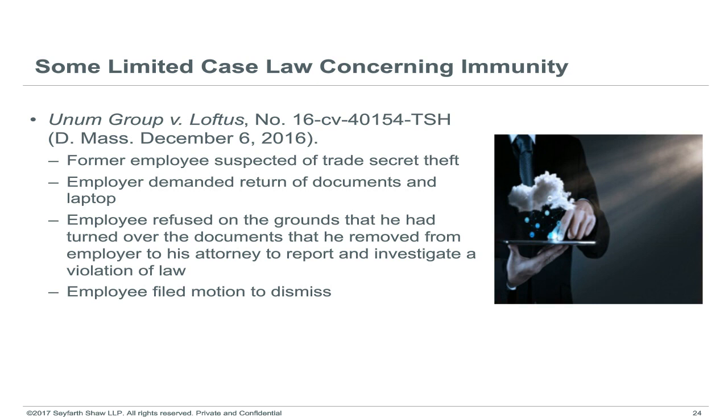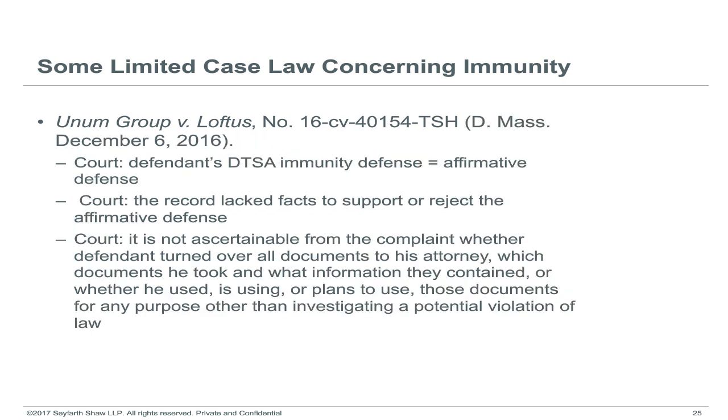The employer demanded the return of the documents, and then the employee refused on the grounds that he had taken the documents to give to his attorney and to investigate a violation of the law. The employee filed a motion to dismiss in federal court, and what the court did is deny the motion to dismiss, but created some law here, and that's why we're talking about this.